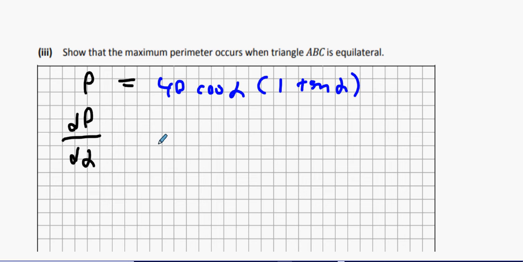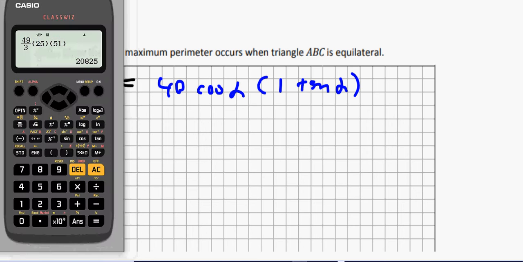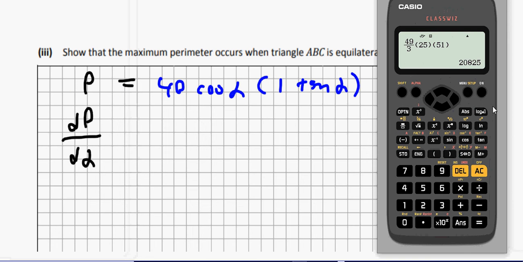Now, if you're a cheating man or a smart person, I'm going to just quickly do this in degrees, alright? So 40 cos alpha, I'll say 40 cos x, and then I'm going to do 1 plus sine x, close it.